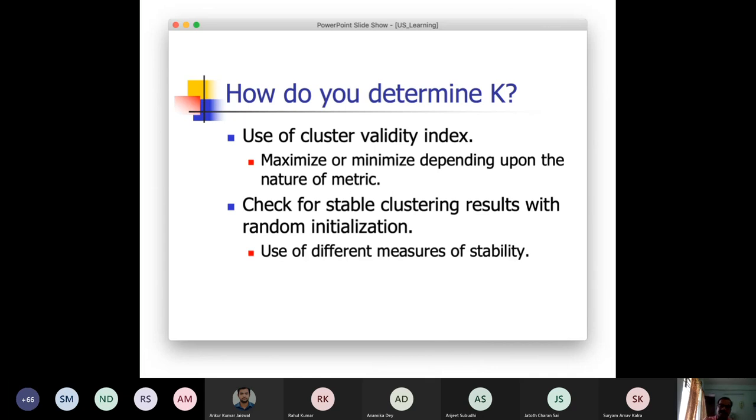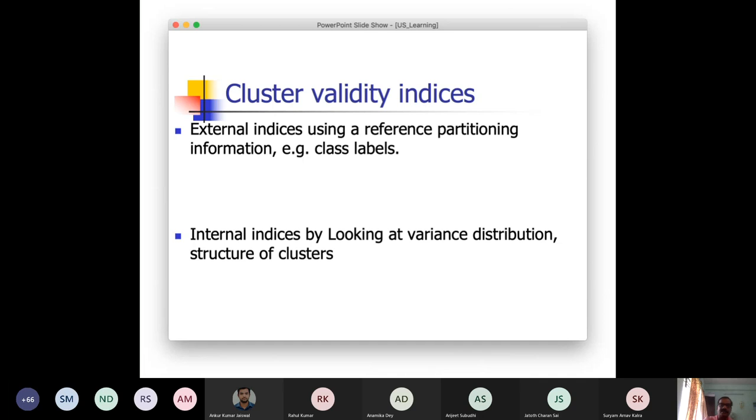Again, there are also different measures of stability, like the validity indices. I will be discussing some examples of these validity indices very briefly. You can have external indices using reference partitioning information, for example class labels.